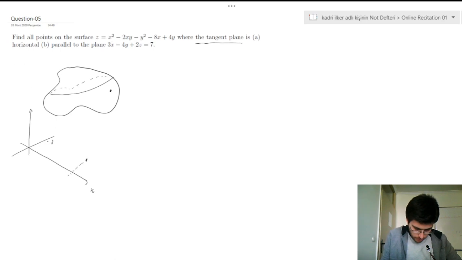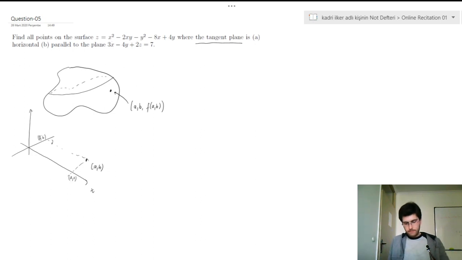It's up to you, it doesn't matter. Now this is exactly the point (a, b), and this is the point (a, b, f(a, b)). Use your imagination. So this is (0, b) and this is (a, 0). Maybe I should change our color.